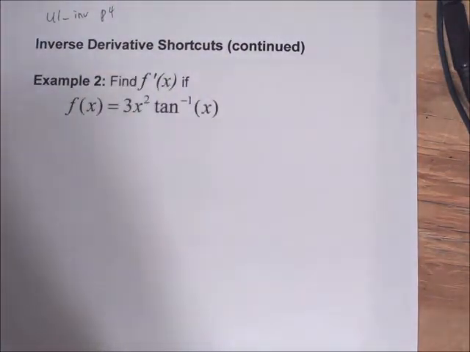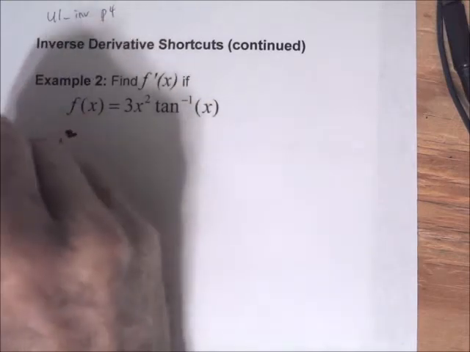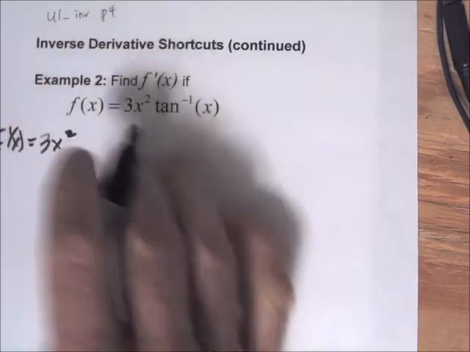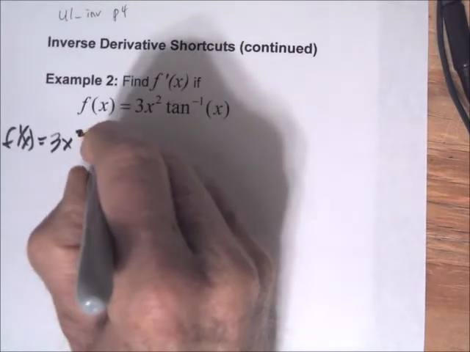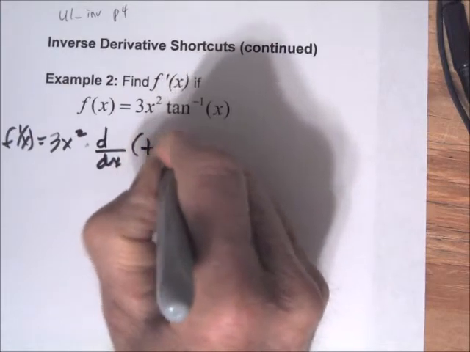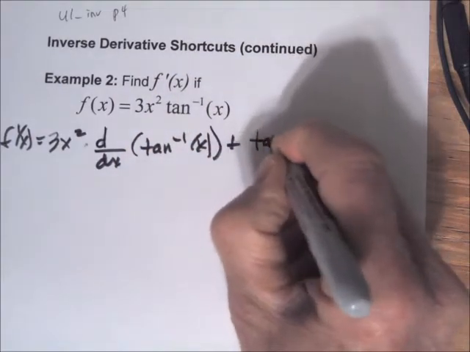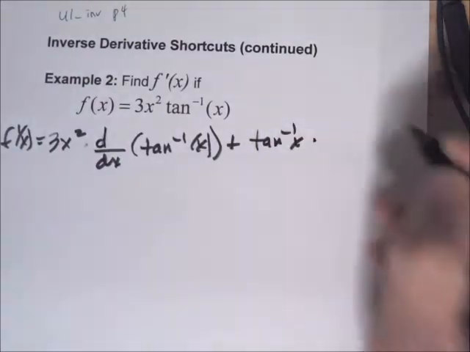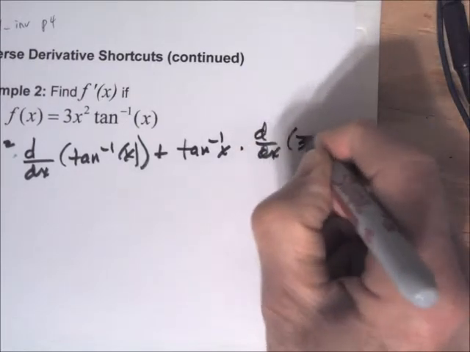Okay, so f prime of x is 3x squared times the derivative with respect to x of tangent inverse of x, plus tangent inverse of x times the derivative with respect to x of 3x squared.